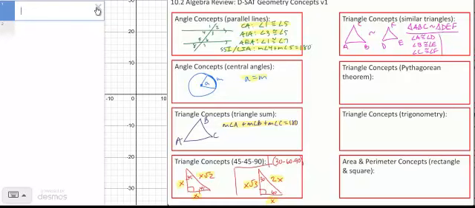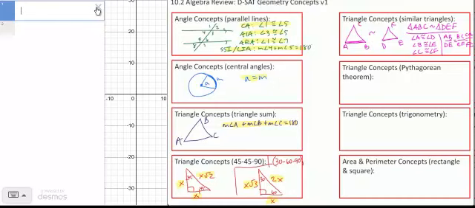We talked about this recently. AB over the corresponding side DE is the same ratio for all parts, so BC over EF, and also CA over FD. Those are all of the equal ratios.